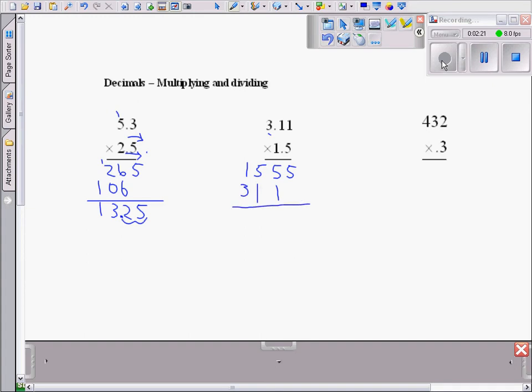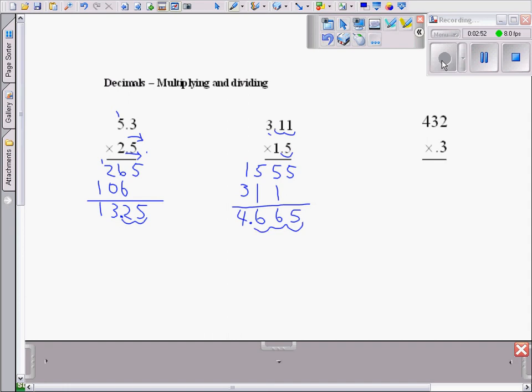Adding vertically, bring down the 5. 5 plus 1 is 6. 5 plus 1 is 6. 1 plus 3 is 4. Counting the decimal places, 1, 2, 1. 2 plus 1 is 3. We need 3 decimal places to the right of our product. 1, 2, 3.